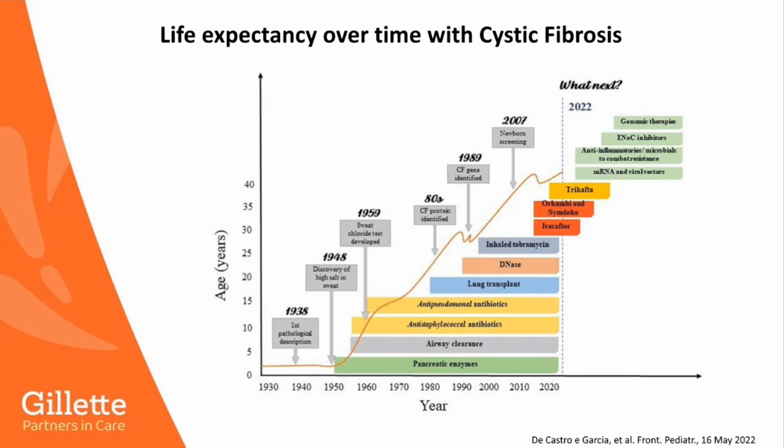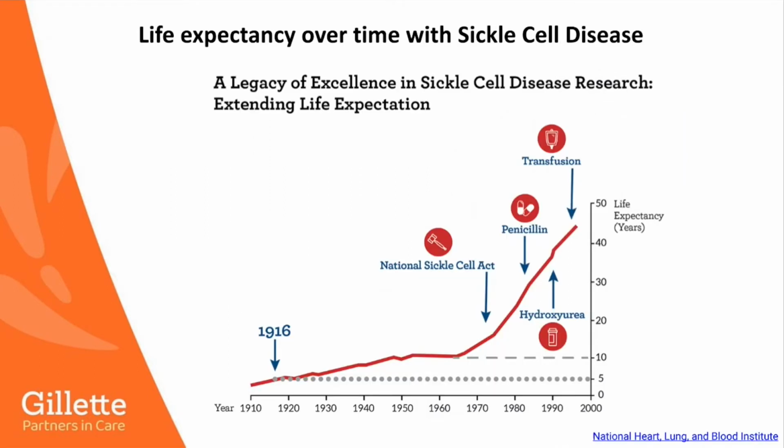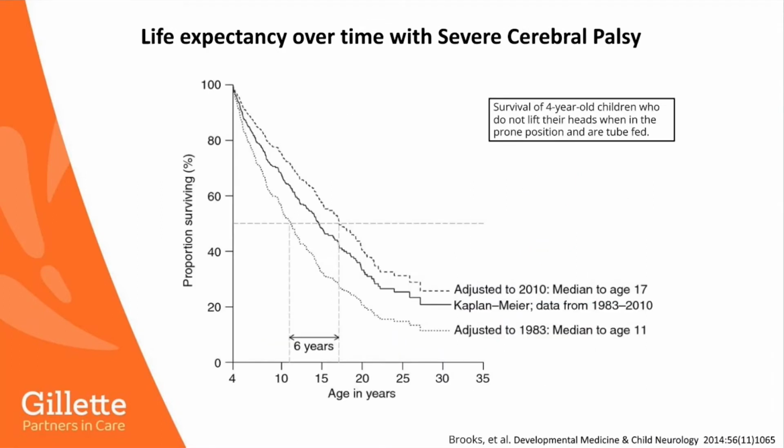So this is the life expectancy curve for cystic fibrosis. And I just like this because it very clearly shows that as we're making these adjustments to protocols around caring for these patients, you can see that there are clear benefits long term into those changes. Sickle cell disease, similarly, in terms of life expectancy.